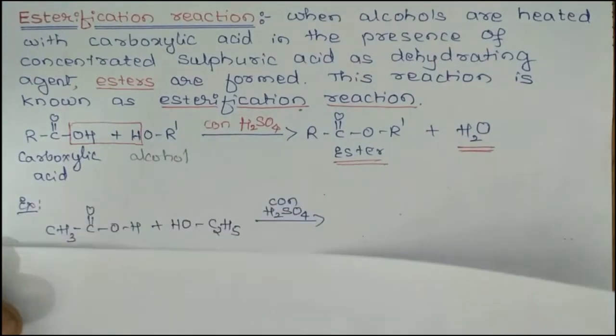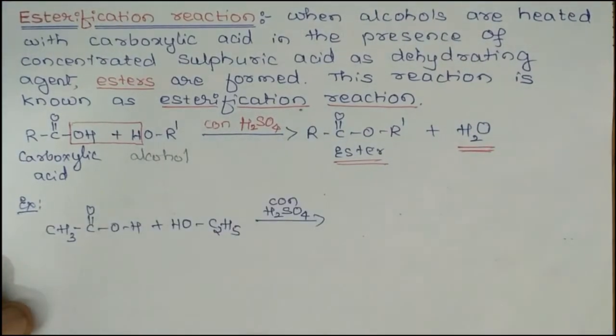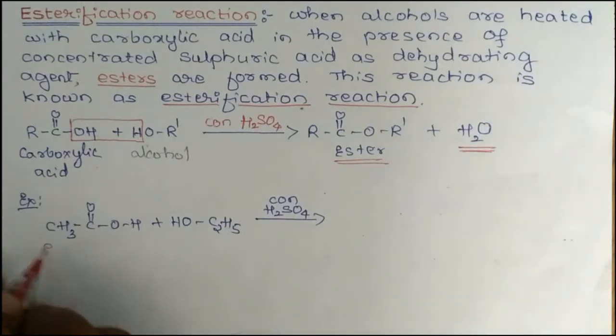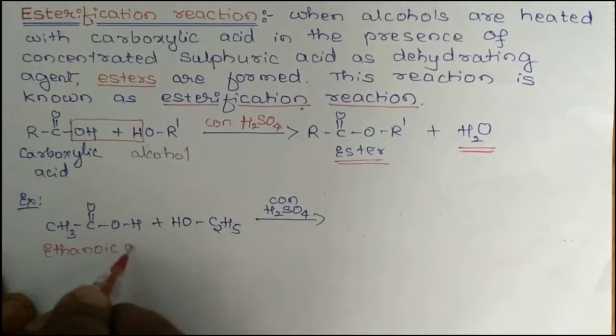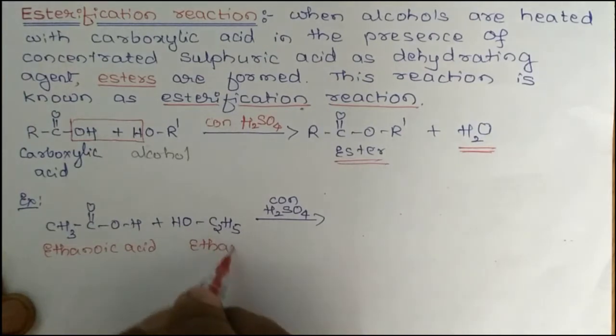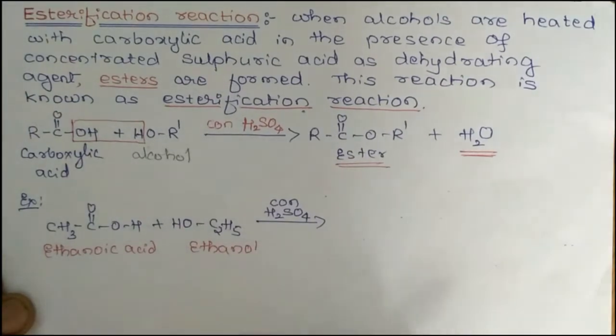Example, CH3COOH. This is ethanoic acid or acetic acid, and this is ethanol.